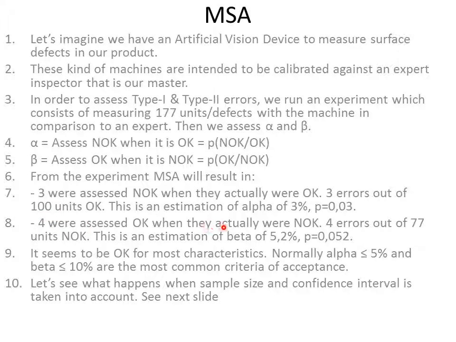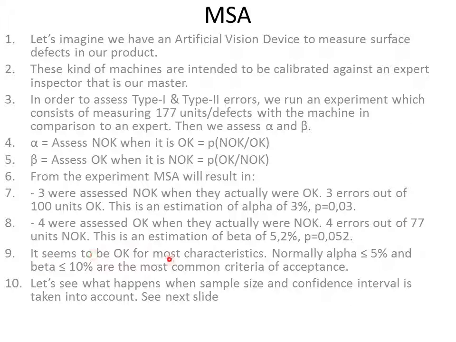Beta is 5.2%, and they were for OK parts where indeed they were not OK. So they are 4 out of 77. The rest of 73 units were also assessed not OK by the machine.